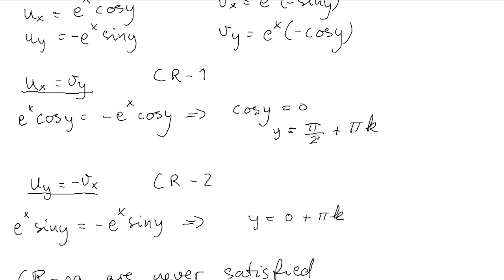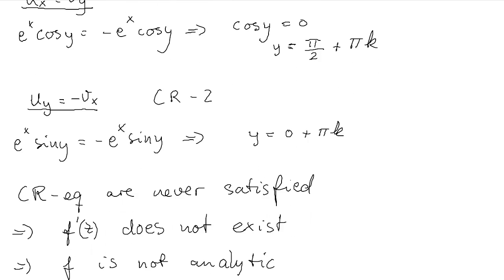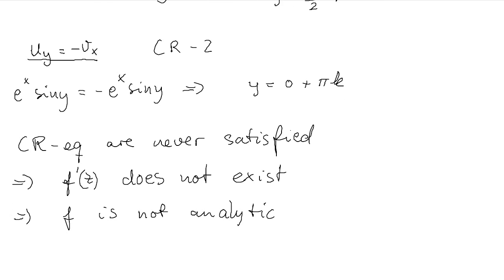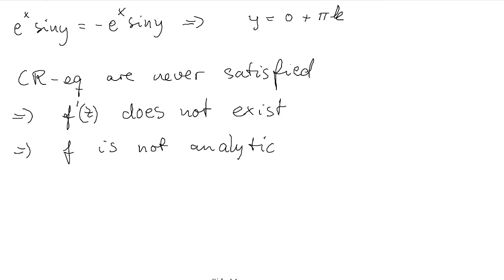And it's not possible to fulfill both these two conditions, so we can conclude that Cauchy-Riemann equations are never satisfied. This means that the derivative of f does not exist at any point, and f is trivially not analytic.